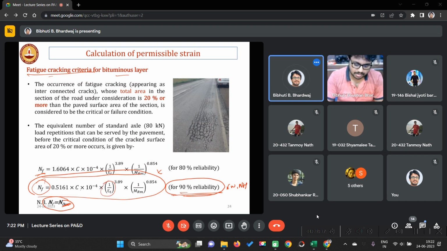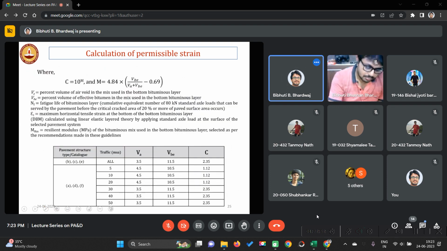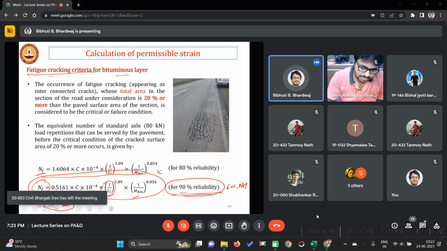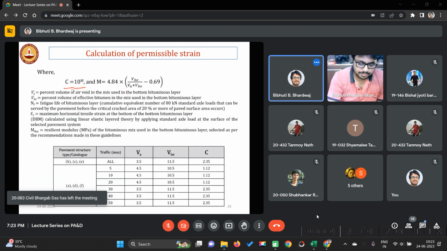There are some other terms such as C, M. We will discuss what these are. But that is found out like this. That means the first step is to calculate the total design traffic, and then you can find out these allowable strains. Now this C here is 10 to the power M. And what is M?